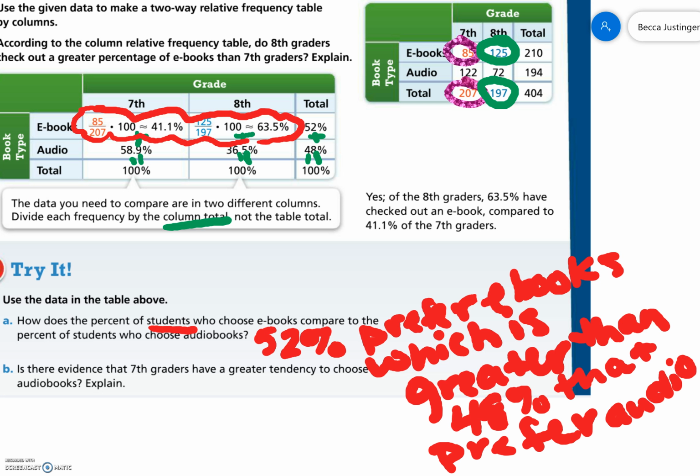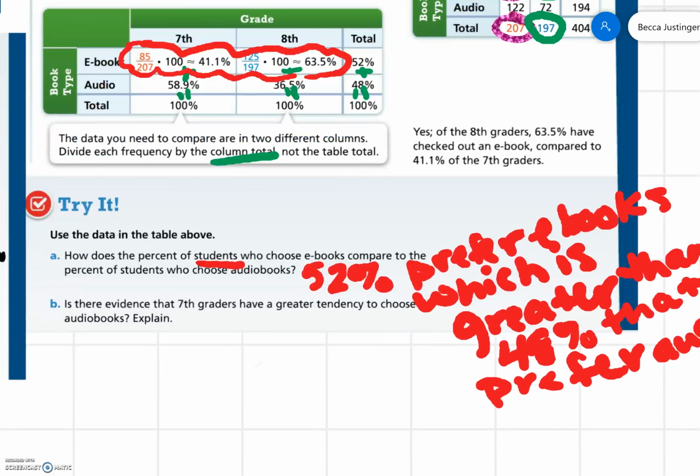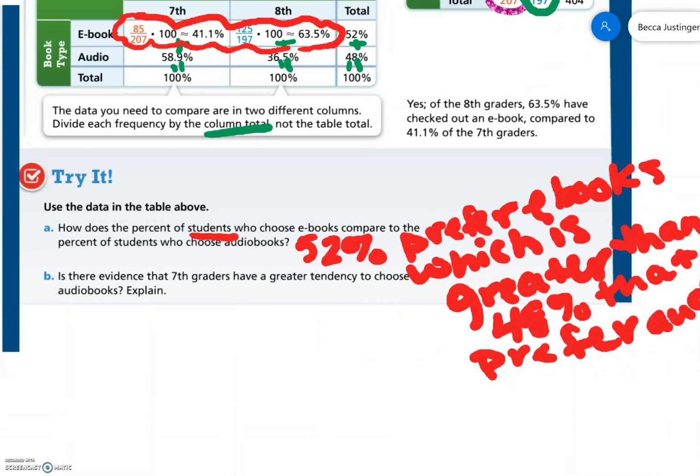They really want you to be able to interpret the graph or interpret the column and be able to say what they're asking for.